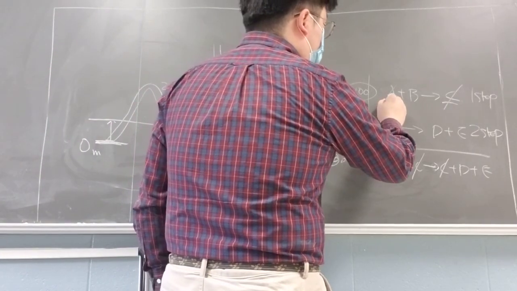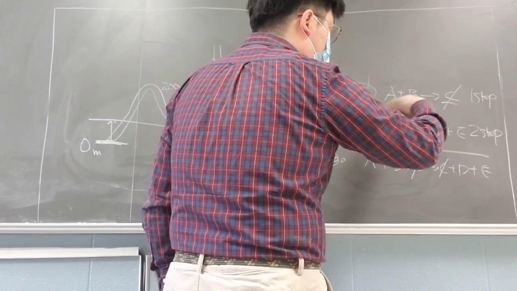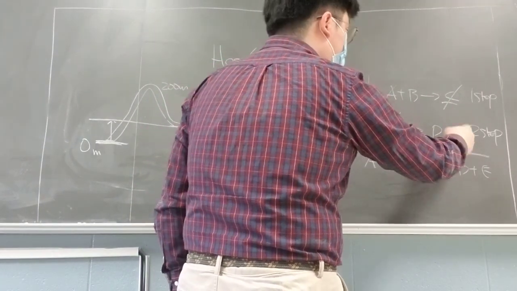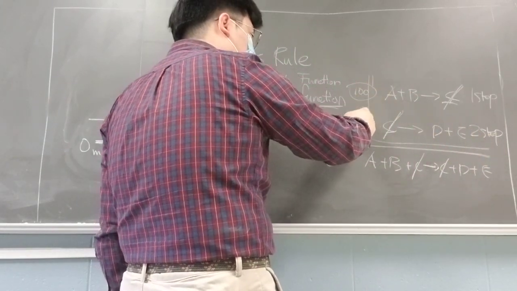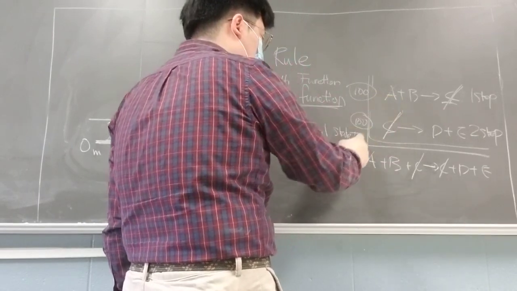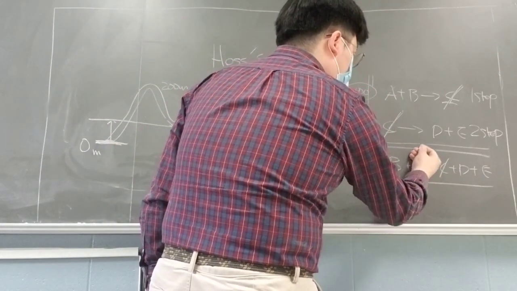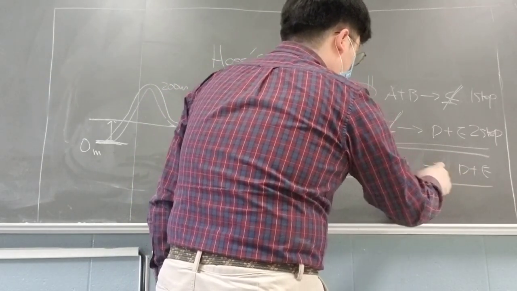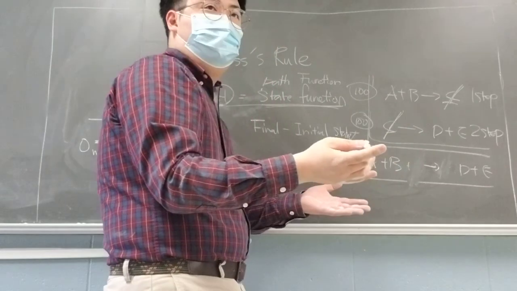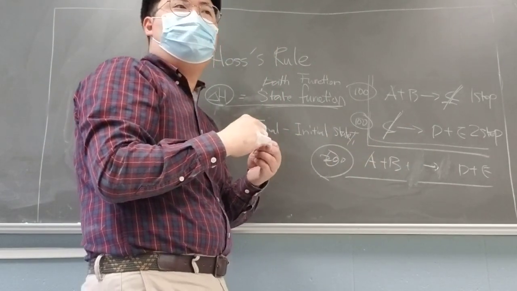So if A plus B makes C, and C eventually in the second step becomes D and E, you can just add them all together, add those numbers for each enthalpy change, and the final enthalpy change will be the same. So you can remove this one, and A plus B becomes D and E with this enthalpy change. That works. Kind of makes sense.